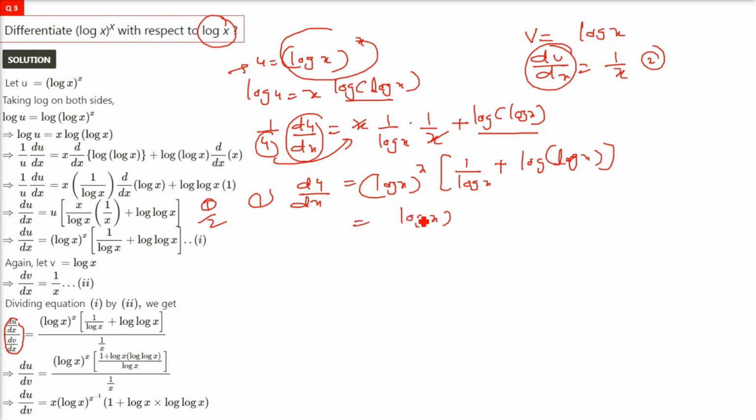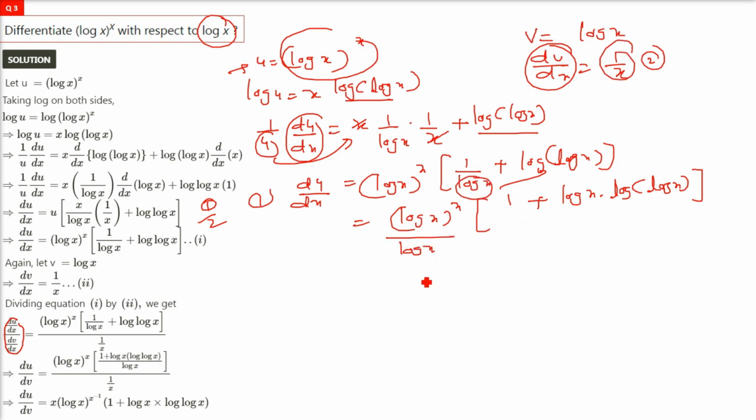So log x to the power x, this is 1 plus, this goes here, log x into log of log x, divided by log x, and there is 1 by x also, and since we divide by 1 by x, x goes up. And what about log x to the power x and log x?